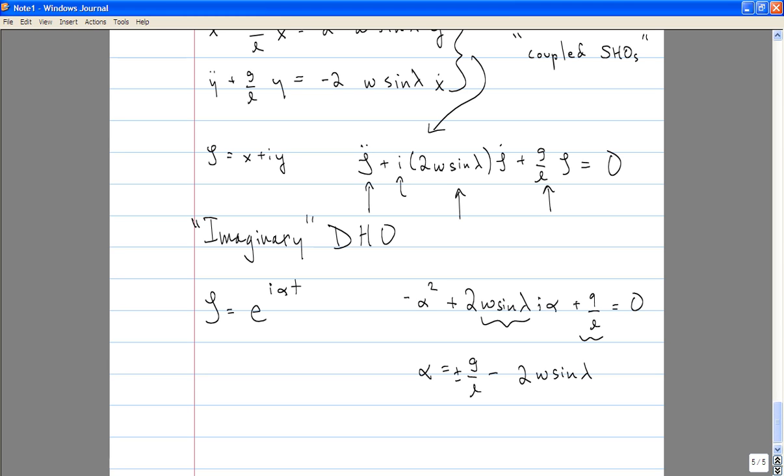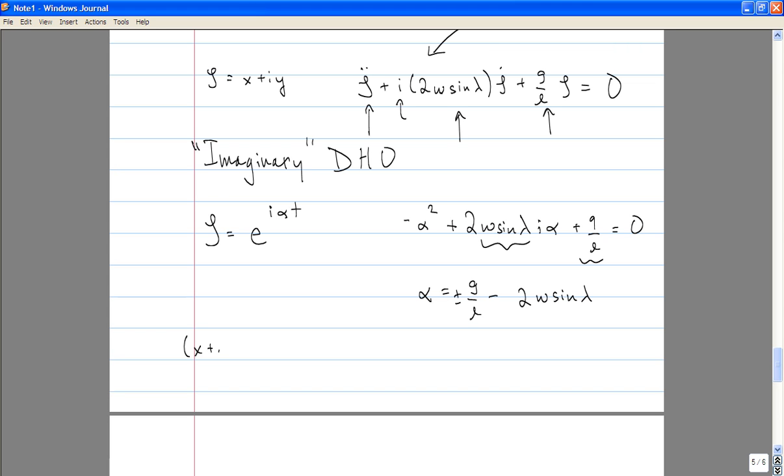So that means that the solutions look like a constant times the product of two terms. There's an e to the i square root of g over L t, plus or minus i omega sine lambda t.